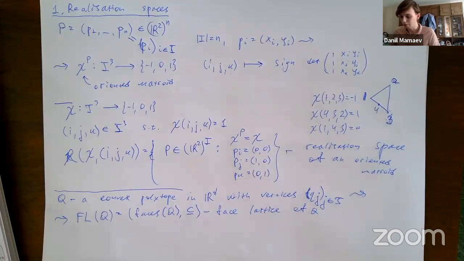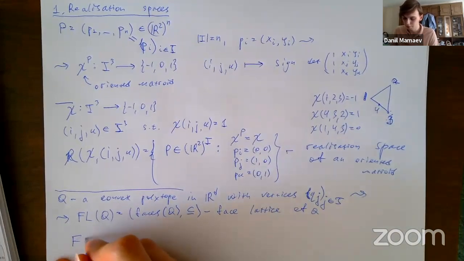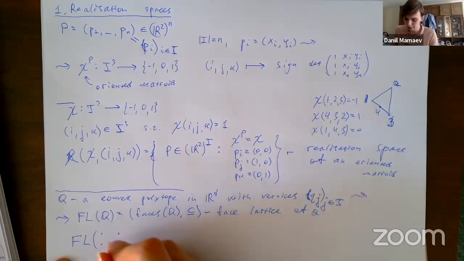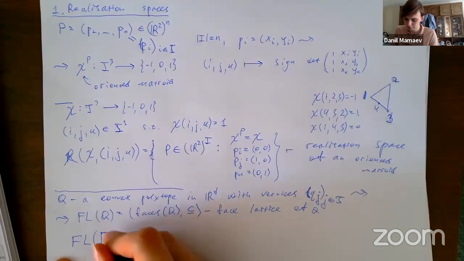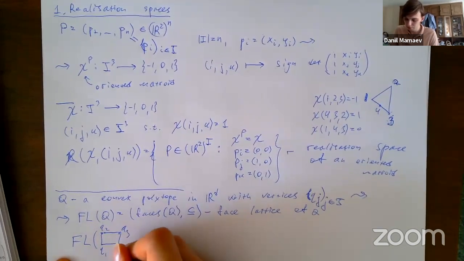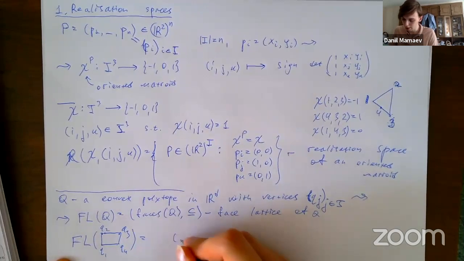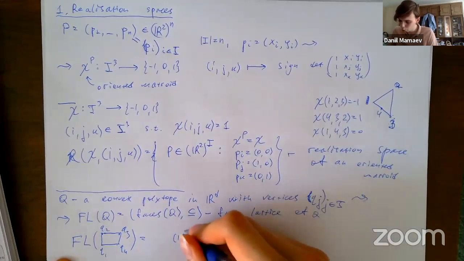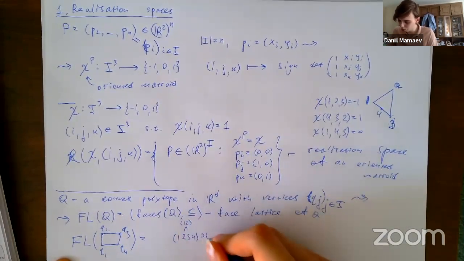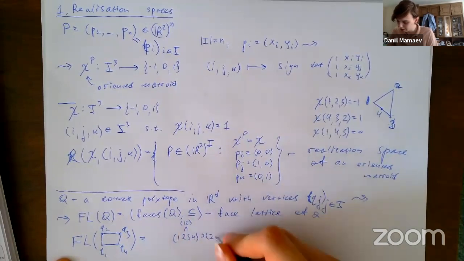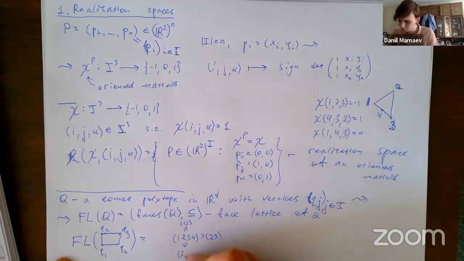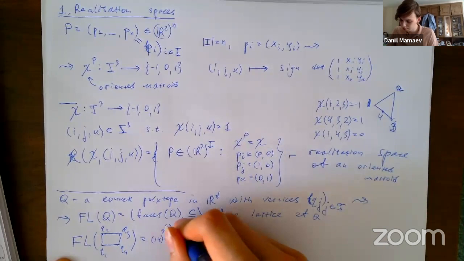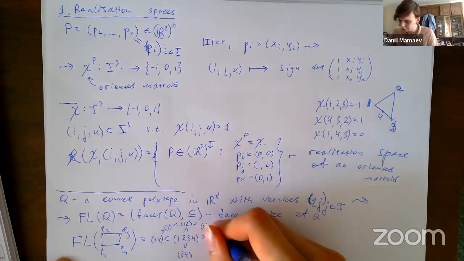For instance, we can consider an example. Does it include the empty set in this lattice? Yes, it does. So for something like this, we have the top face, we have 4 faces, and we have vertices.